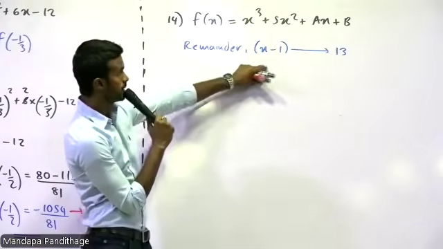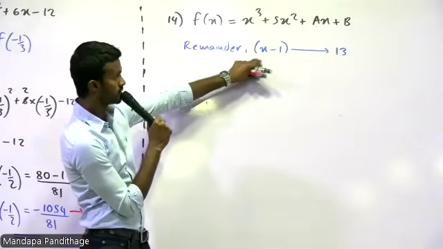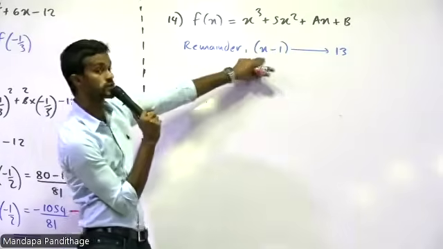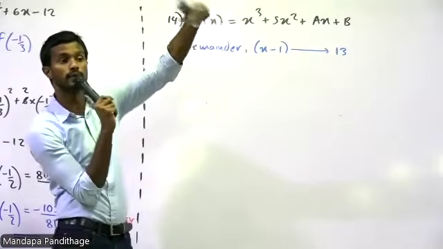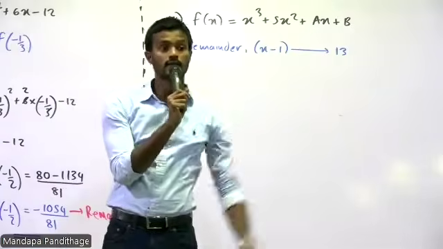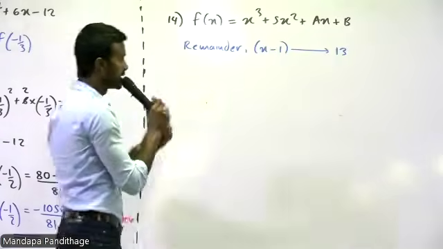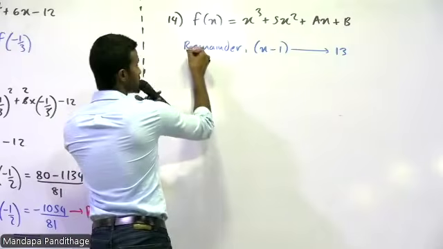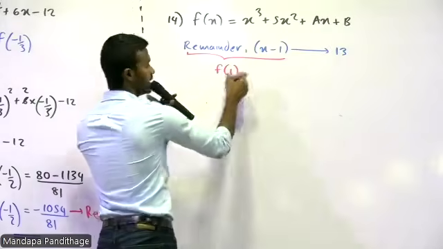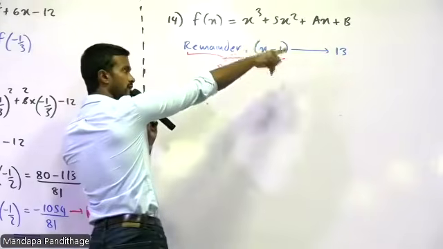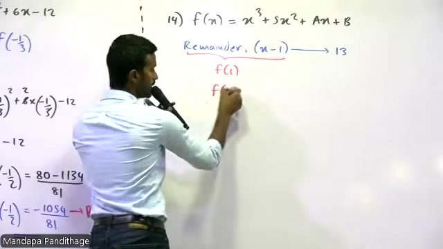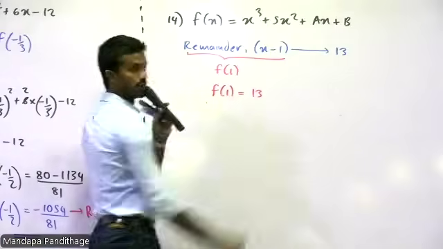But tell me, according to the remainder theorem, when fx is divided by x minus 1, what is the remainder? It's f1. And now they have given that the remainder is 13, which means f1 is equal to 13.